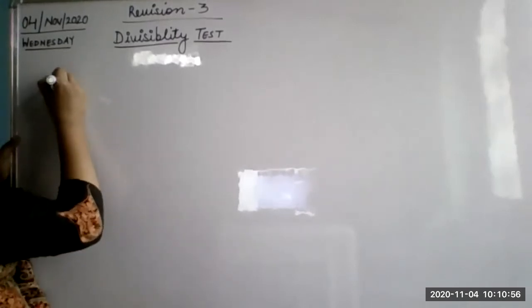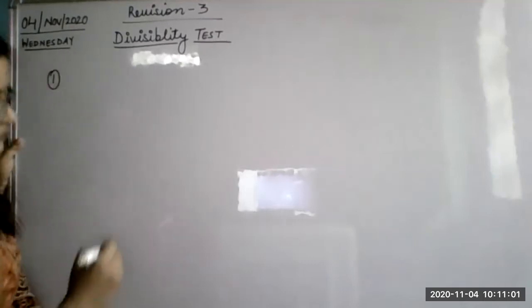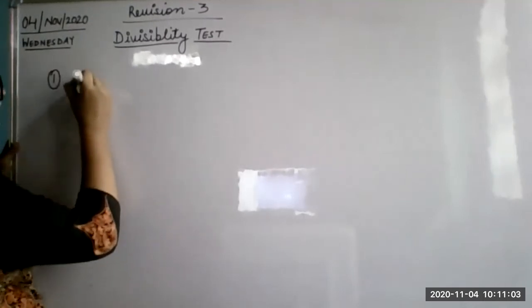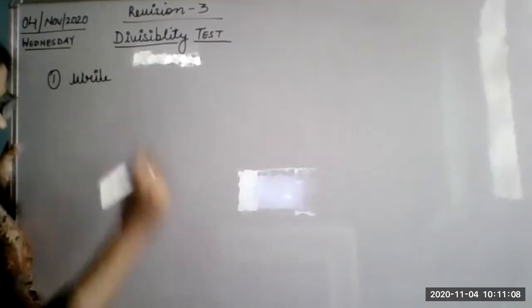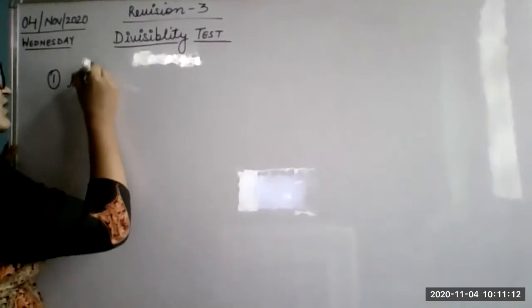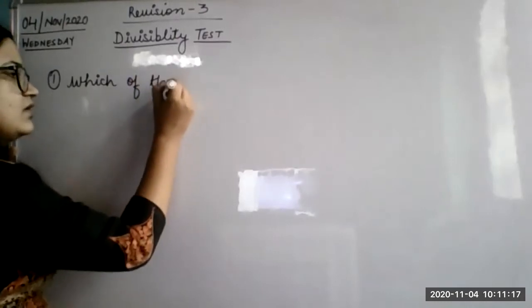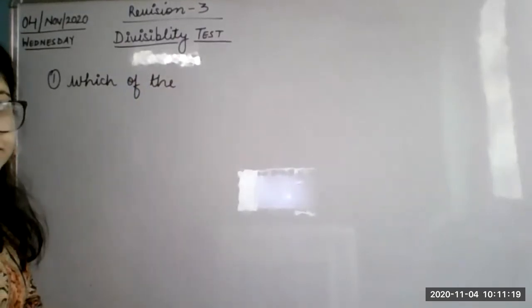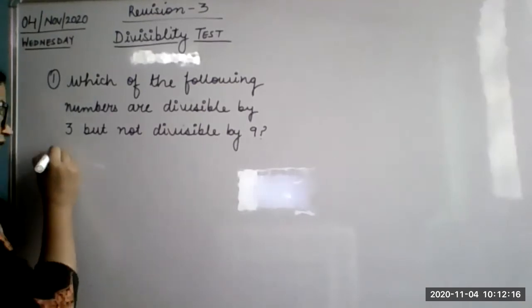Okay, write the first question. See, next question. Which of the following numbers are divisible by 3 but not divisible by 9? I'm going to write some of the numbers.